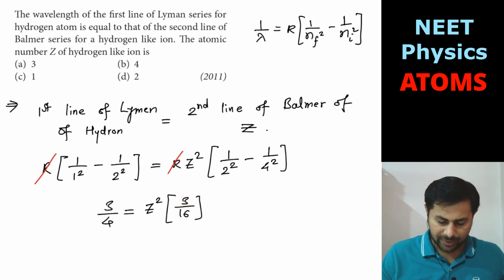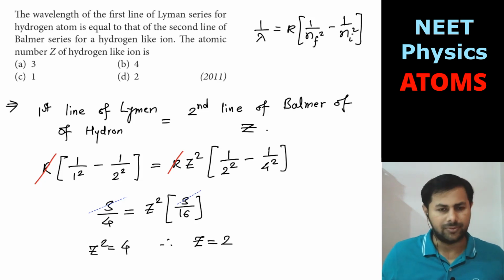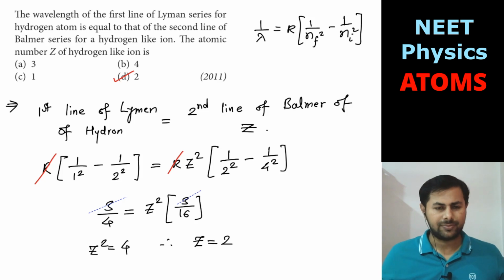So from that we get Z square is equal to 4, and therefore Z is equal to 2, right? So it is option D. Okay, this is clear. Simple, right?